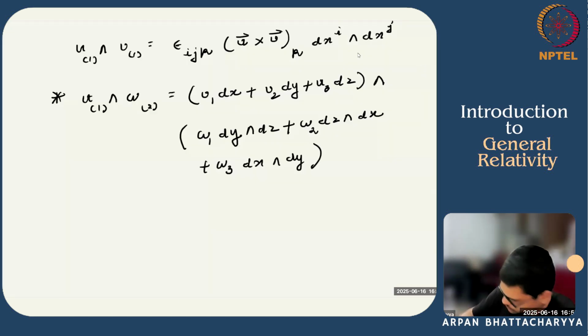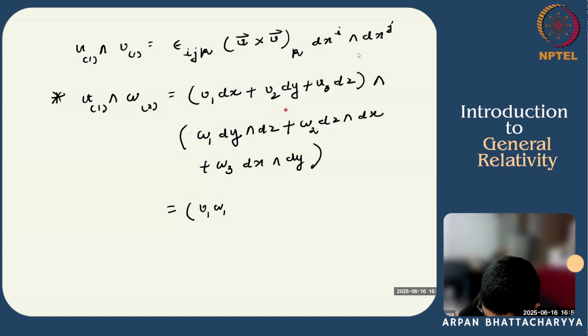Now let's do this product, and we will see that the only non-vanishing contributions are v1 omega 1, this term with this term, which will give dx wedge dy wedge dz. Again, if you try to wedge this other term, it will have dy wedge dy wedge dz, but this is antisymmetric.